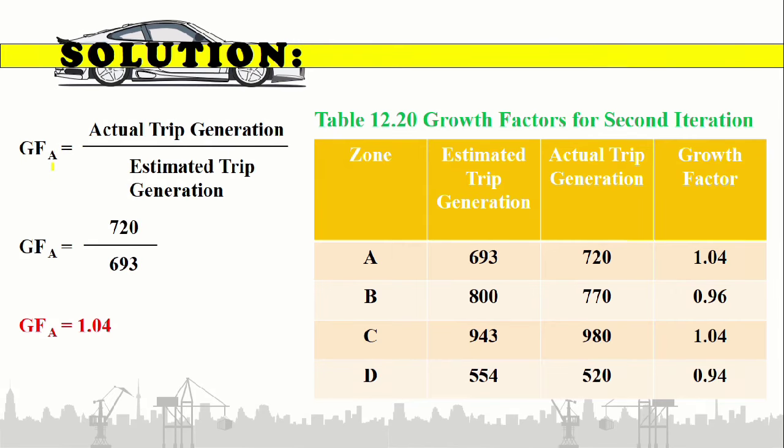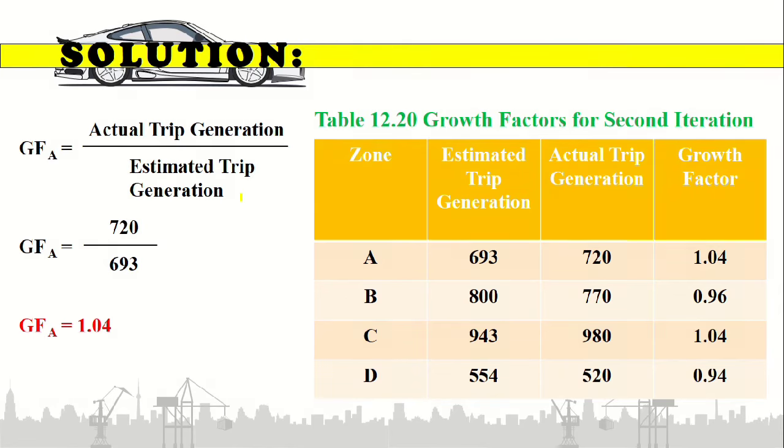Growth factor at A is equal to actual trip generation divided by the estimated trip generation. So, ang actual trip generation natin sa A is 720. I-divide natin siya sa estimated trip generation natin at A, which is 693. So, makukuha na natin yung growth factor for second iteration at A natin na 1.04.